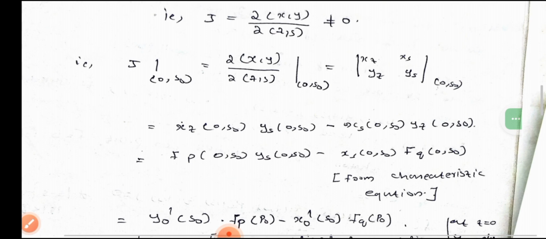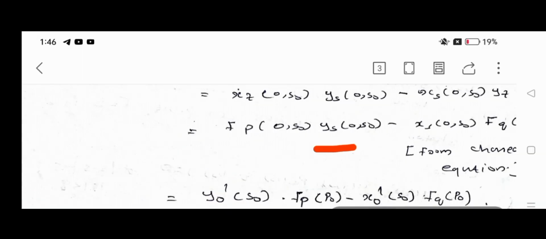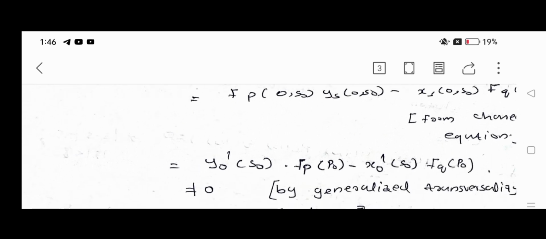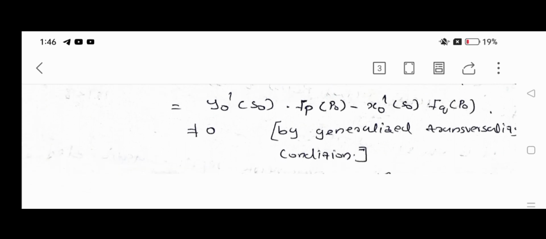From the characteristic equation, at t equal to 0, y is only a function of s. Then we can write y naught dash of s naught into fp of p naught minus x naught dash of s naught into fq of p naught, which is not equal to 0 by the generalized transversality condition.